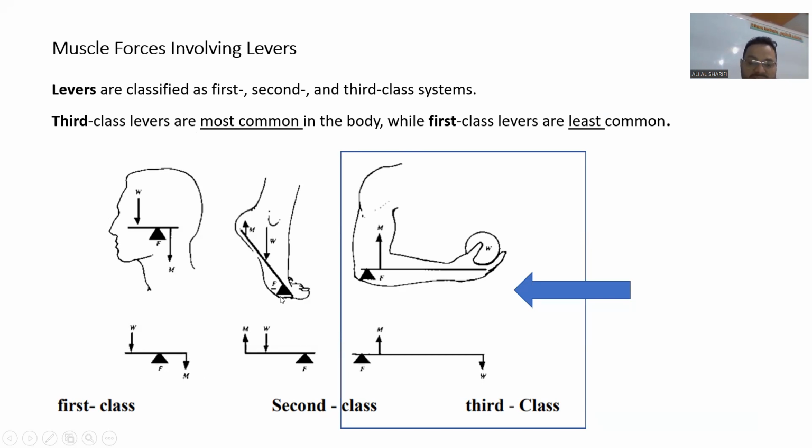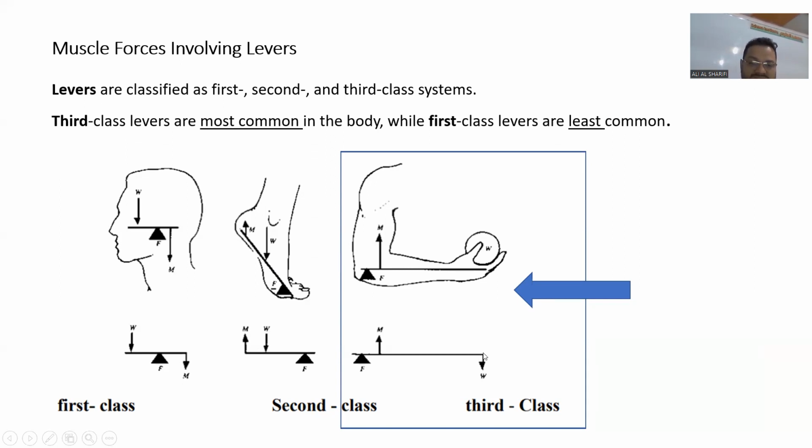Second, at our heel, at our foot. Here, the muscle force, the weight, and the triangle point. The third one is the most common one, between the biceps and the weight, triceps and the weight.